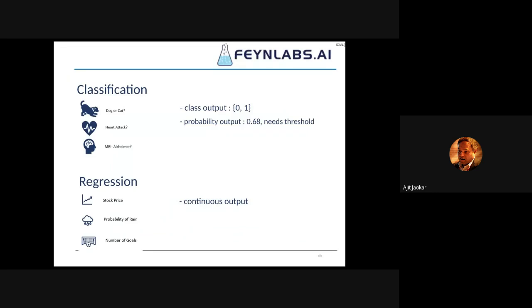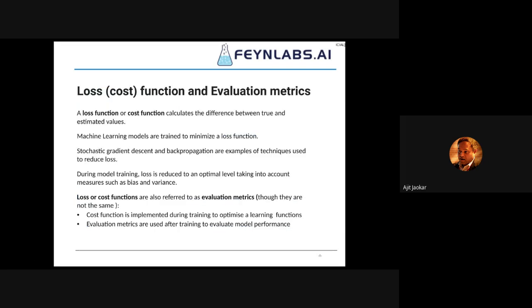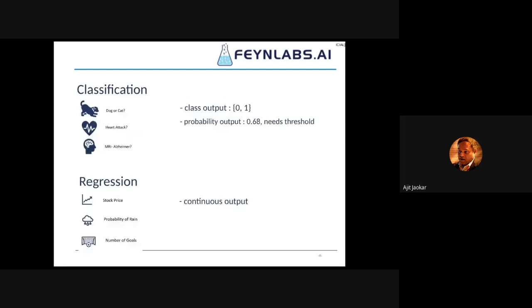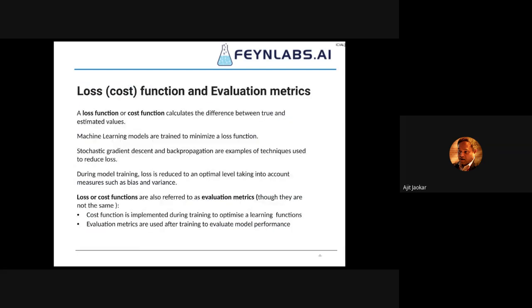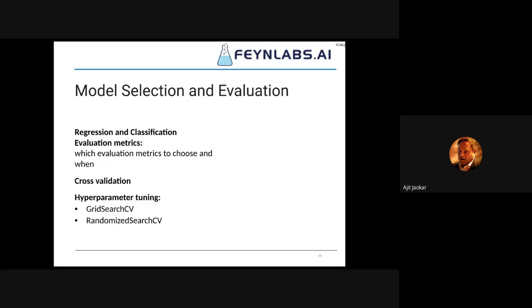Then classification and regression have certain metrics with them. Why is this not moving? Then you have the loss function and evaluation metrics, and how you set the hyperparameters.